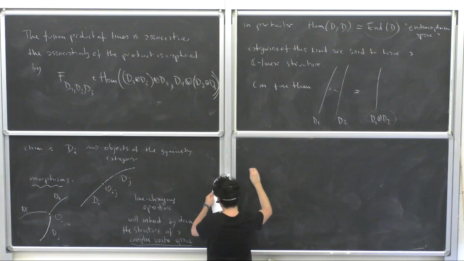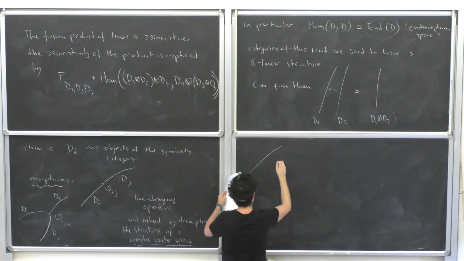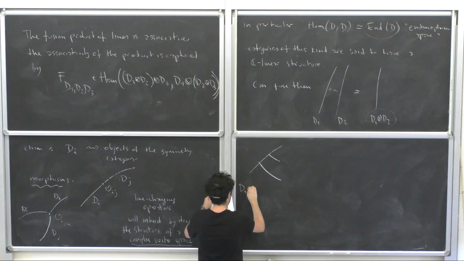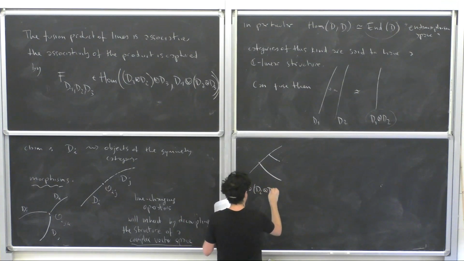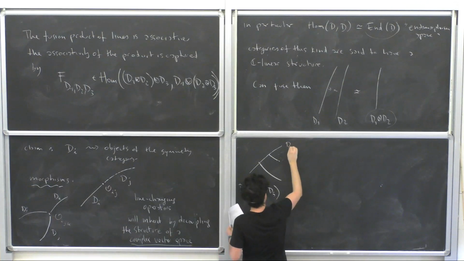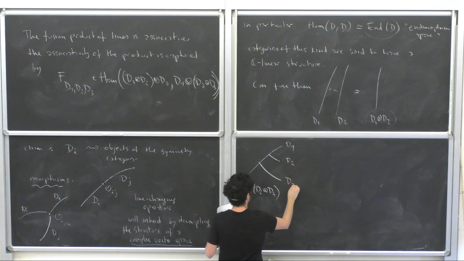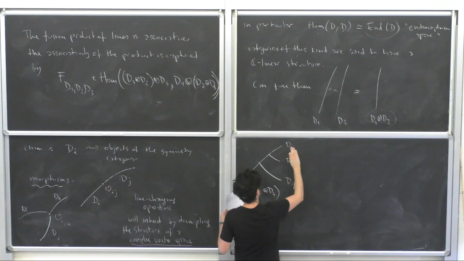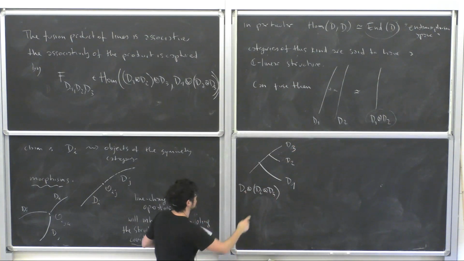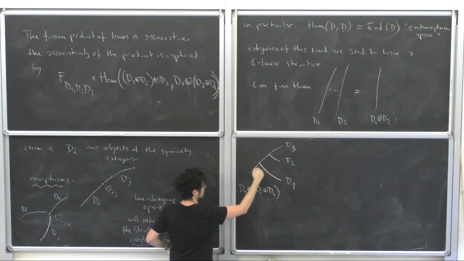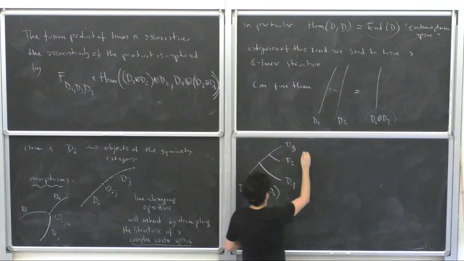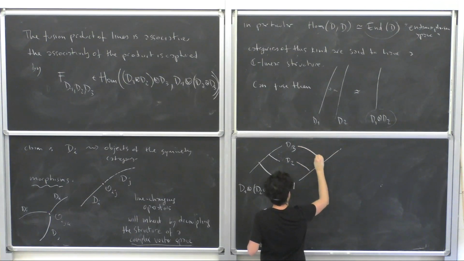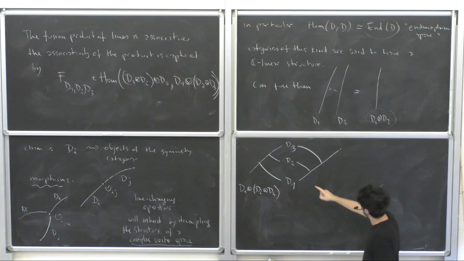So this is a diagram that I drew last time, but I was probably too quick. Say that this is D1 tensor D2 tensor D3. This is D1 and D2, and this is D3. Sorry, D1 is on the bottom. This is D3. So D2 and D3 come together before, and then we bring in D1. And then we can consider performing the same fusion, but in a different order.